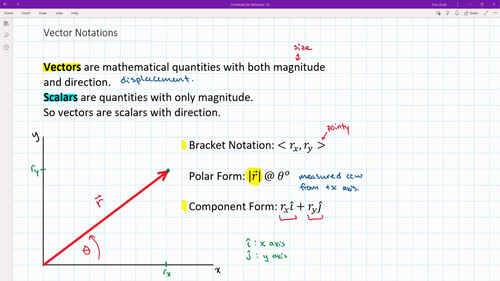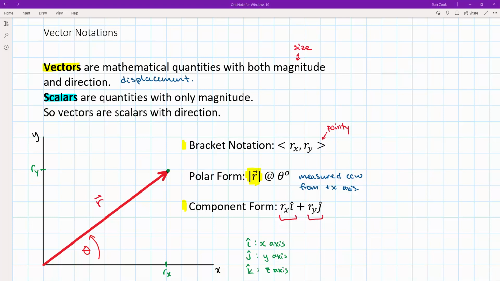And occasionally we'll use k to represent the z-axis if we're doing 3 dimensions, which isn't too often. But we can write something in this ijk notation, and it's a little bit easier to do mathematics with it later, which we'll practice with. But that's the 3 ways of making our vectors in various notations.